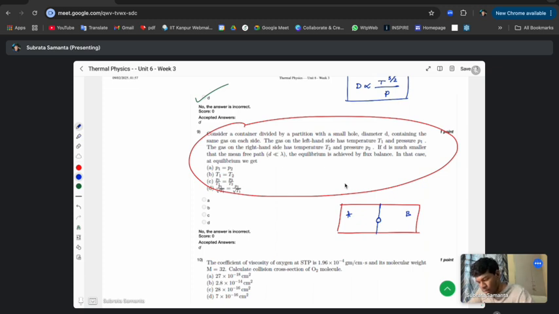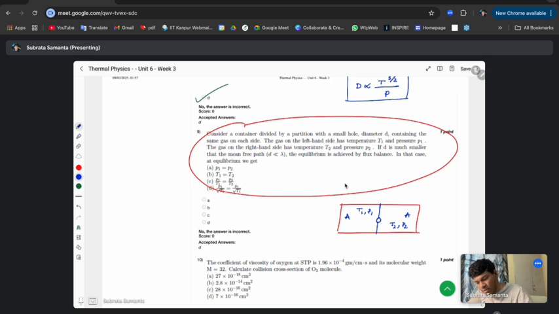The gas on the left-hand side has temperature T1 and pressure P1, and the gas on the right-hand side has temperature T2 and pressure P2.